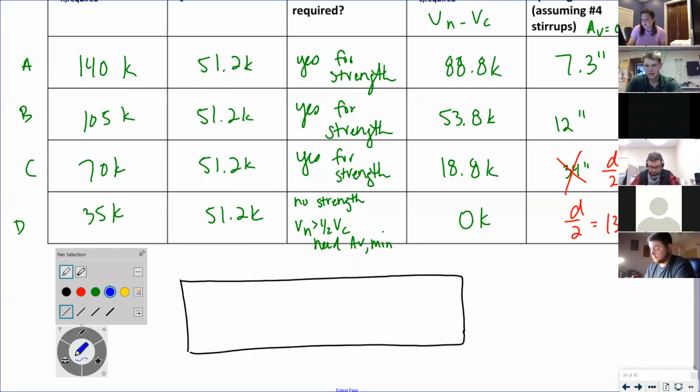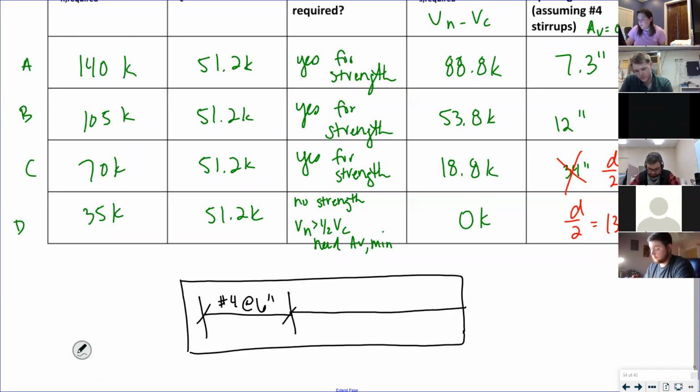I have some distance over which number 4 is 6 inches, and then number 4 is 12 inches.